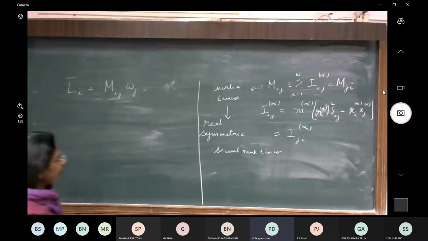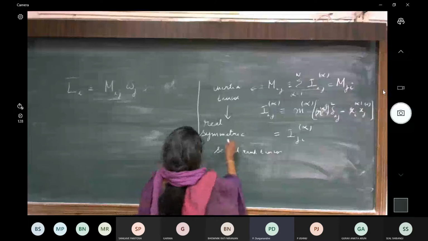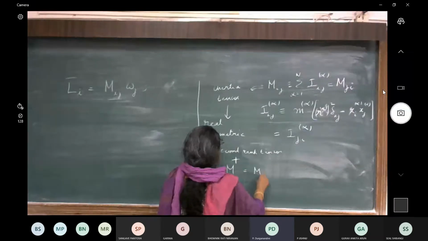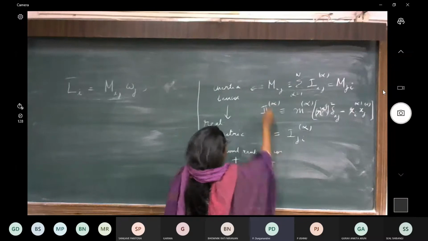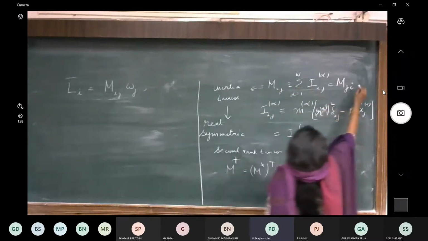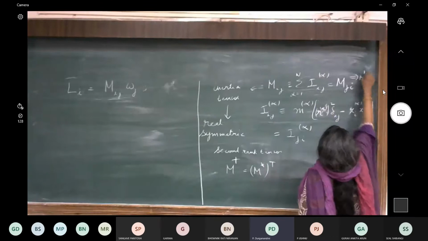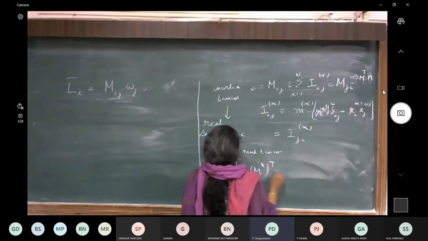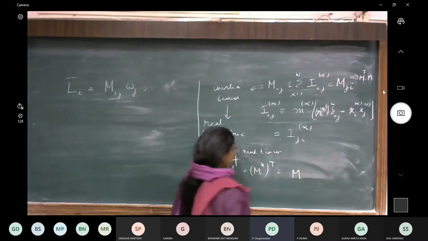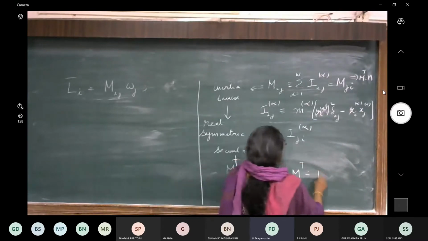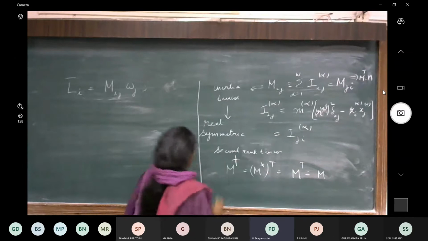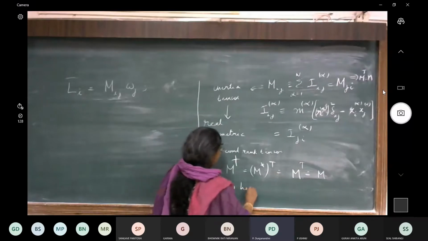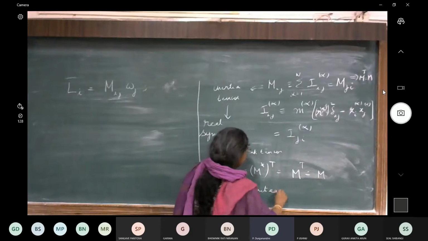Alright. So now again, if you remember what we did earlier, if you have a matrix which is symmetric, then M dagger is nothing but M star transpose. So this implies that M transpose is the same as M because it is symmetric. So M dagger is equal to M, because M star is the same as M, which is equal to M transpose. So M is therefore Hermitian.